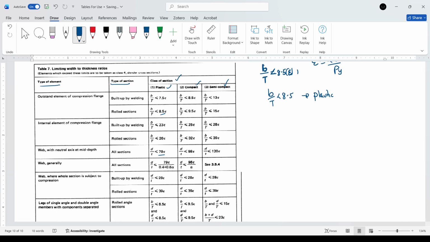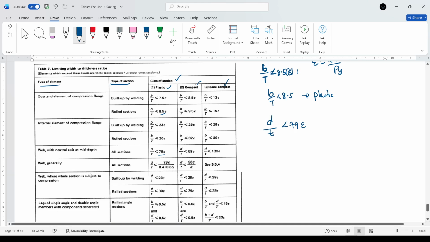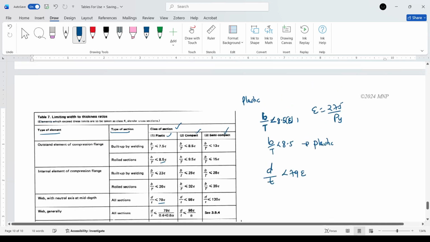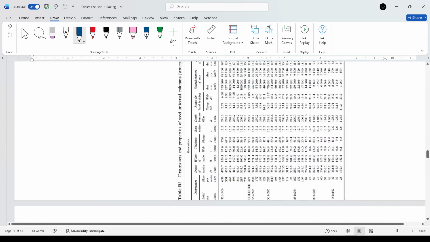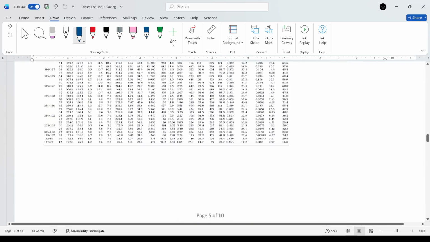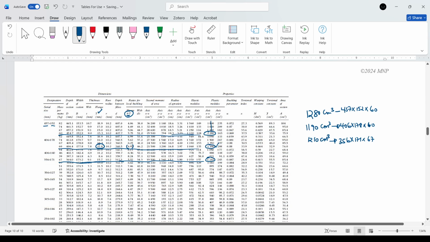That one has been rounded off to the nearest tens, from 79. D over T should be less than 79E. So we go to the table and get D over T. How you perform calculations will depend on whether it's plastic, compact, semi-compact, or slender.